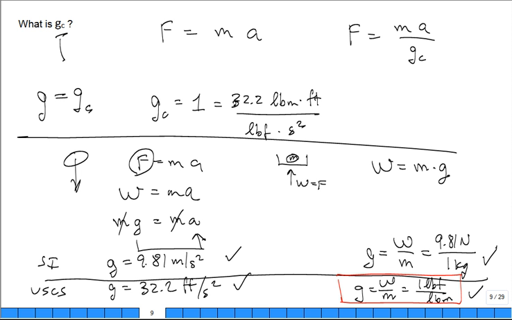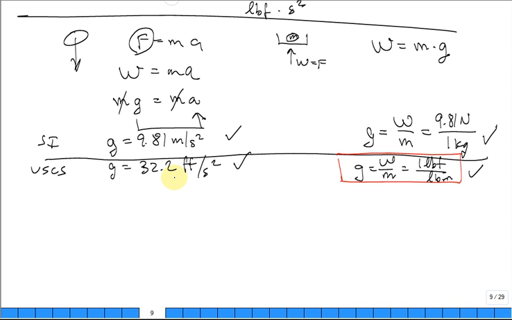How many people are now thoroughly confused? I'm sorry about that. Well, you're honest. You're raising your hand. Here, let me do this. Let's start with G is equal to 32.2 feet per second squared. Can I multiply that by 1 and will that still be G? Can I multiply it by 1 over G sub C? G sub C was just 1.